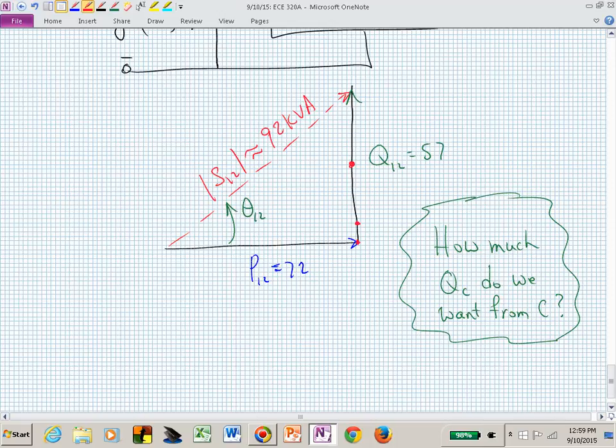We need it to be a negative 57, don't we? We now want to introduce this Q sub C to be minus 57, and I think all of these were units of K, weren't they?